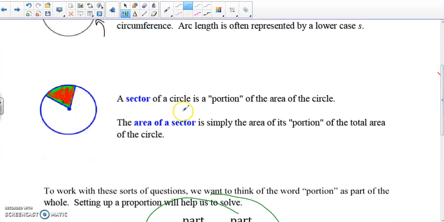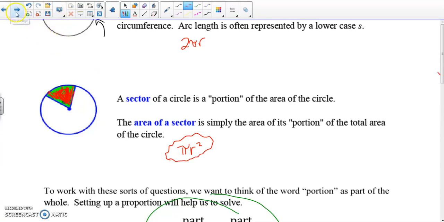So the area of a sector is a portion of the total area of the circle. We're going to solve it the same way using our proportions, but instead of using the circumference formula, we're going to use the area formula, which is pi r squared.